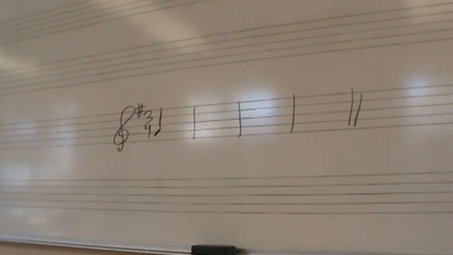I will give you 2 subdivided measures here in the key of G major. 1, 2, 3, 1, and 2, and 3, and... All right, good luck. See you Friday.